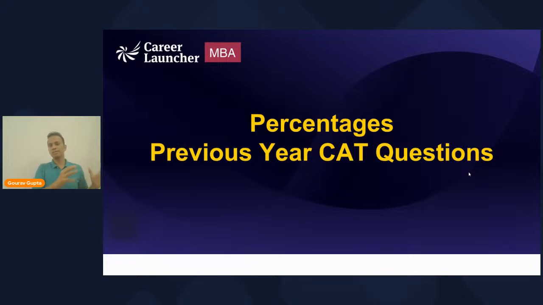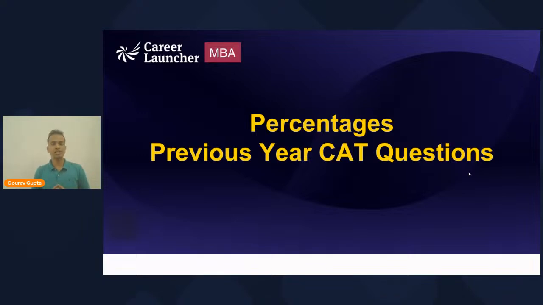In the first two sessions of the series, we have discussed the questions which have appeared in the last 5 years of CAT examination from the topic of percentages. These questions were from the basic concepts of percentages, like percentage change, increase or decrease, the concept of successive percentage change, and so on and so forth.